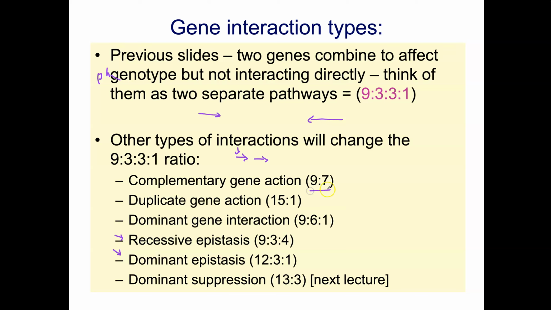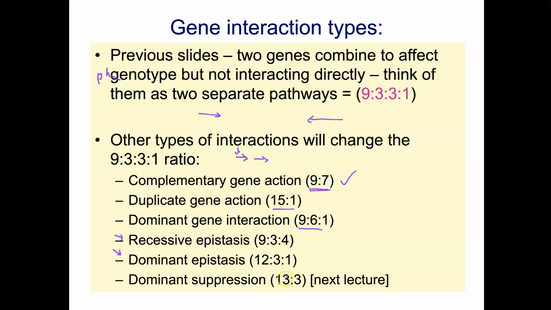Sometimes we'll see examples of what is called duplicate recessive epistasis or complementary gene action. And I'll show you an example of that. Duplicate gene action, a bunch of different kinds of interactions.